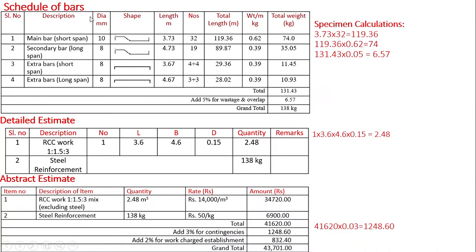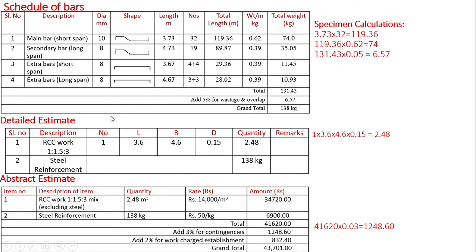The schedule of bar, the detailed estimate and the abstract estimate tables are shown in this slide. The schedule of bar table gives quantity of steel in kilograms. The detailed estimate table gives the quantity of concrete, and the abstract estimate table gives the total cost.